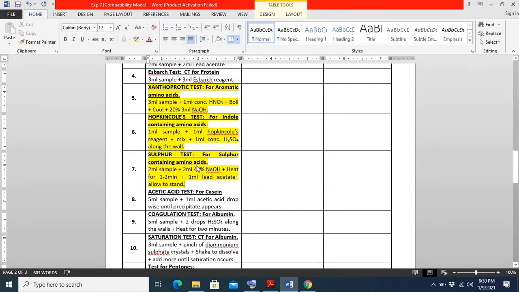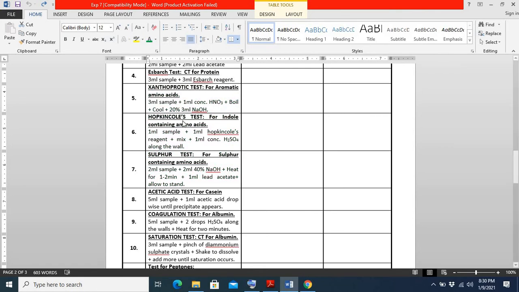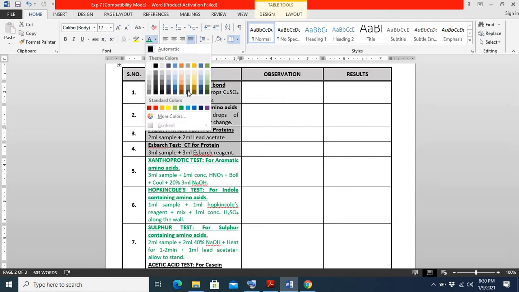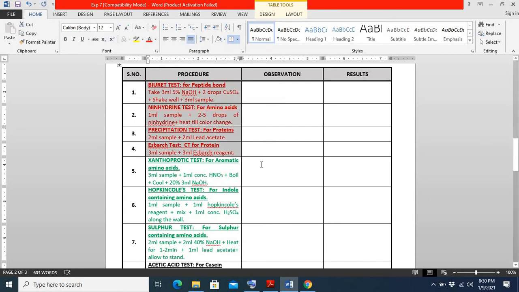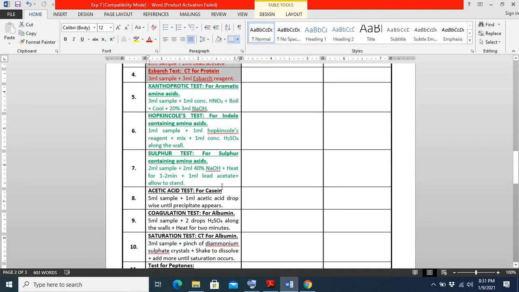For this purpose I am highlighting in green these tests for the identification of what type of amino acid is present in the unknown sample. For the confirmation of the presence of protein, the tests we perform I am highlighting in red. So our whole experiment consists of three parts.